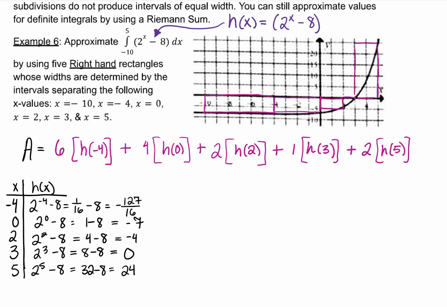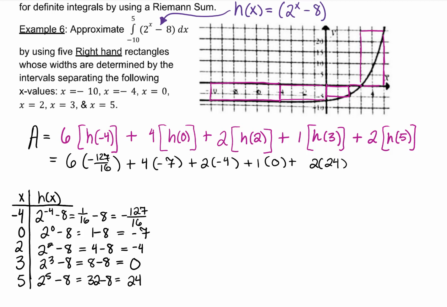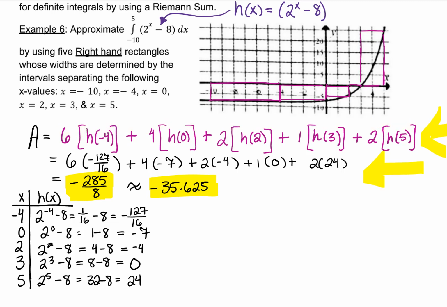Fill in your y values into your Riemann sum, find the answer without a calculator, and then give a decimal approximation using a calculator. Here's our decimal approximation, and remember you would have to show either the sum in the first step or the sum in the second step to get full credit for a Riemann sum on an AP exam.